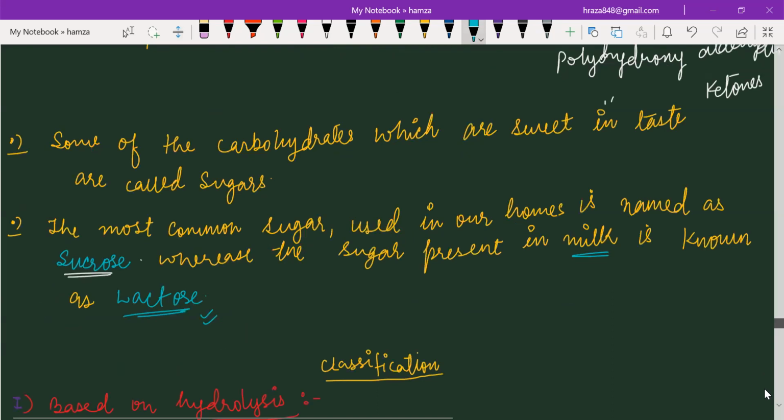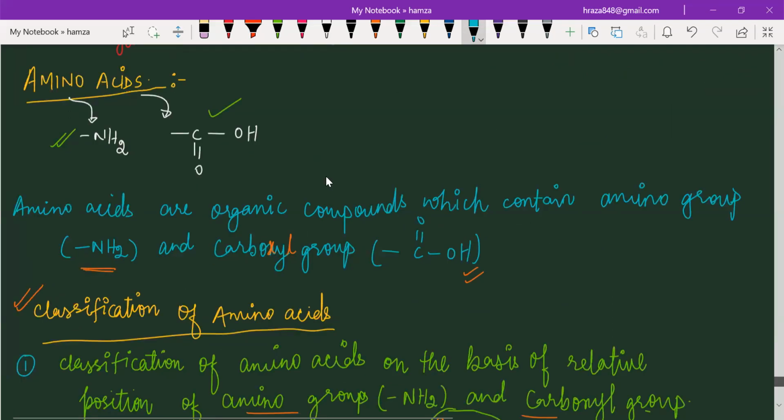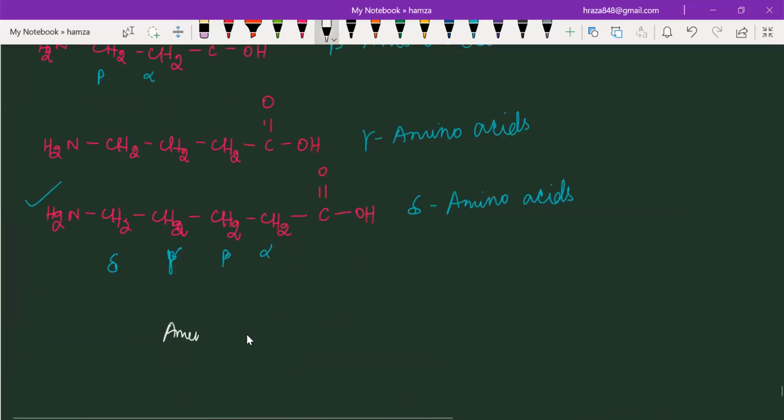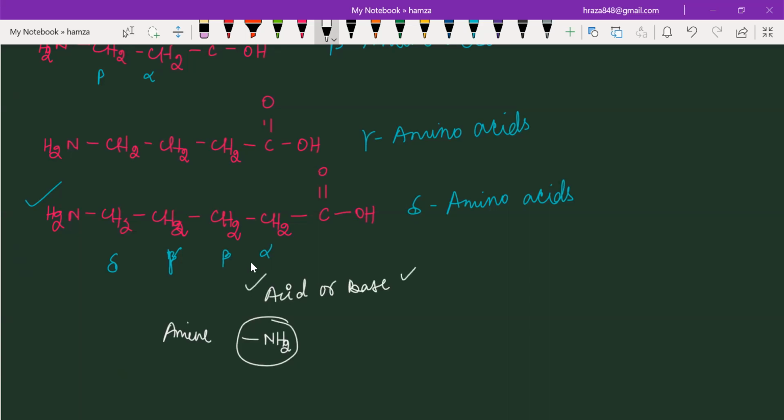Okay. Now, can anyone tell me amine group, that is NH2, is an acid or base? Is it acid or base? Can anyone tell me?